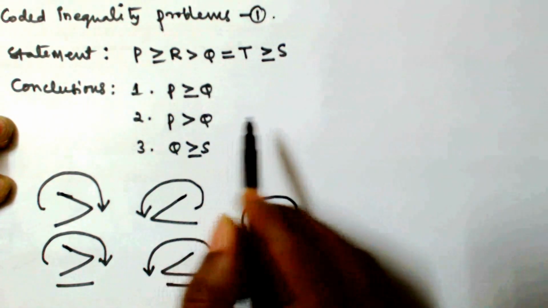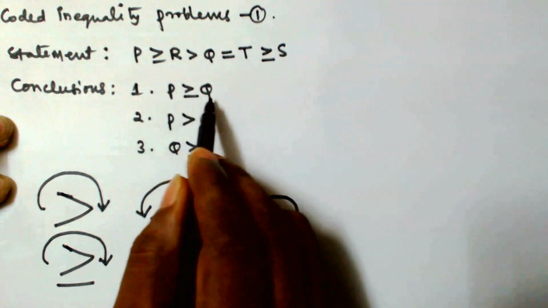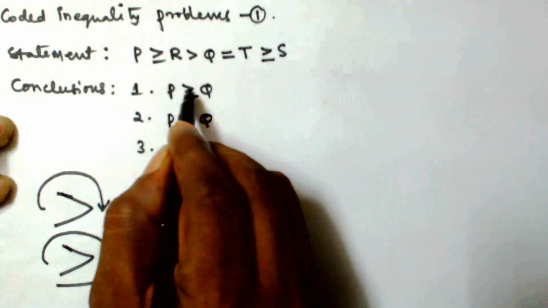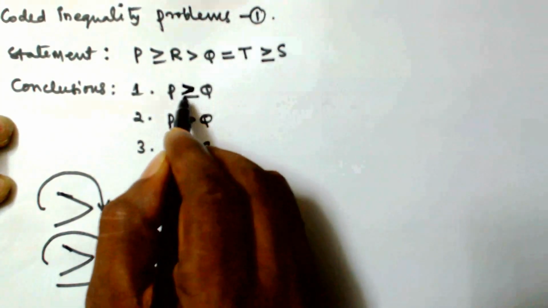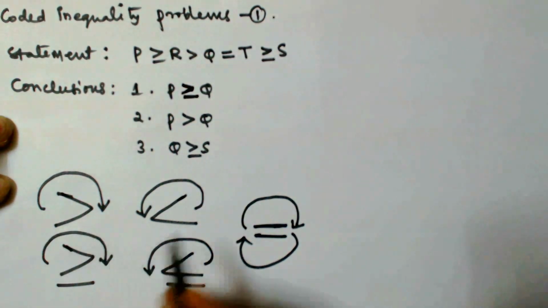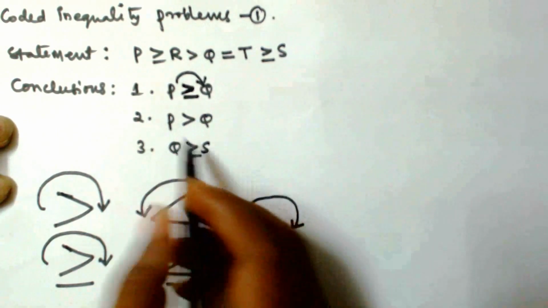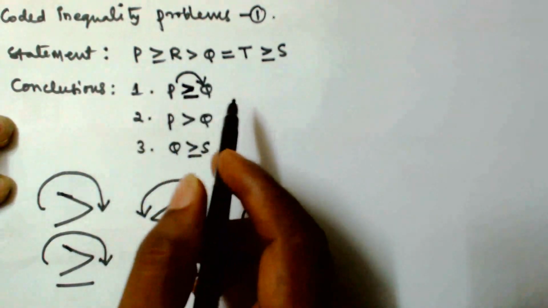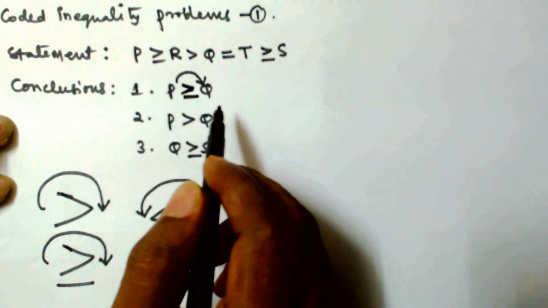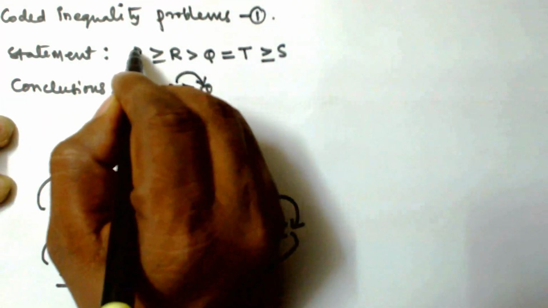Now let's come to the first conclusion. In the first conclusion we have p greater than or equal to q. Whenever the greater than is there, the movement is possible from open end to close end. That means the movement is possible from p to q. We have to find whether in the given statement the movement is possible from p to q or not. Let's start at p. P is here, right?